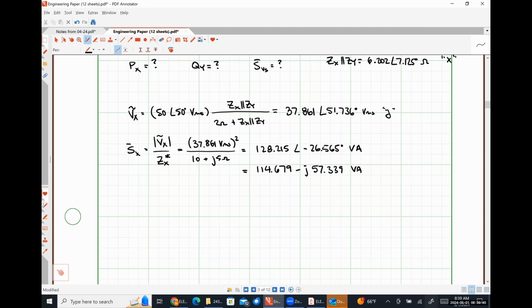Which of those four numbers that I just wrote down is the average power? 114.679. Absolutely right. So the real part of the complex power, which is the bit that doesn't have a J in rectangular form, is our average power. So PX is 114.679 watts.